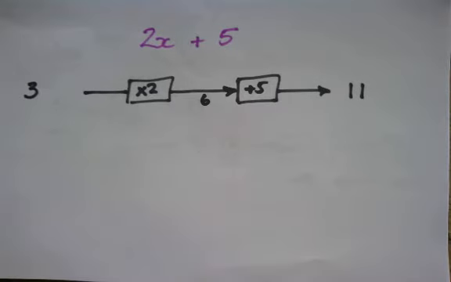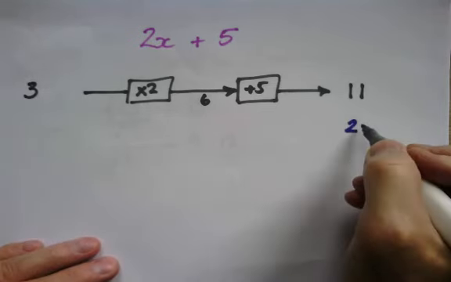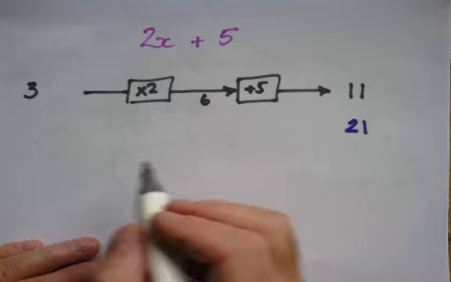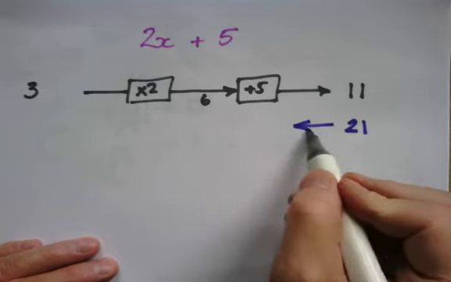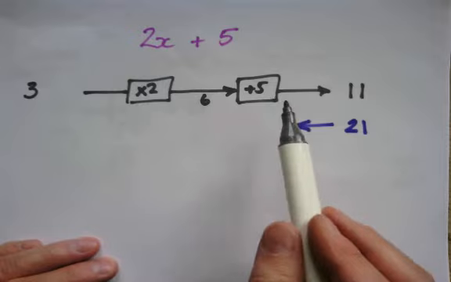So they could ask you to form a function machine like that. They can also go the other direction, if they have a value. Let's say 21, and they want to find out what was the input. You need to go backwards, so you do this one first.